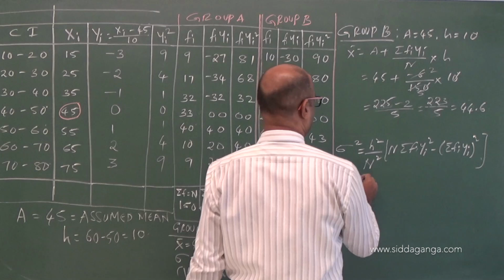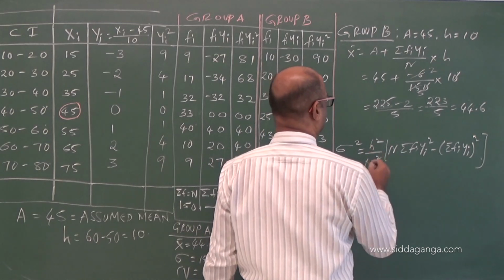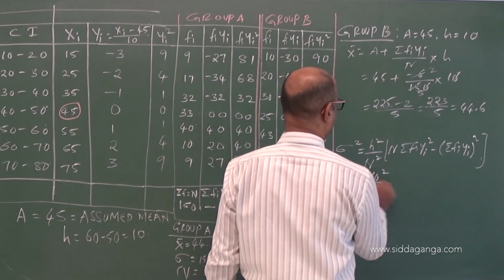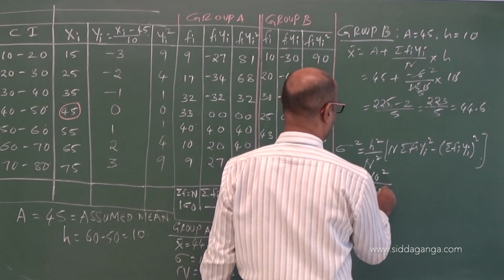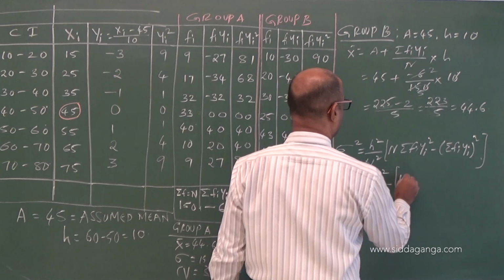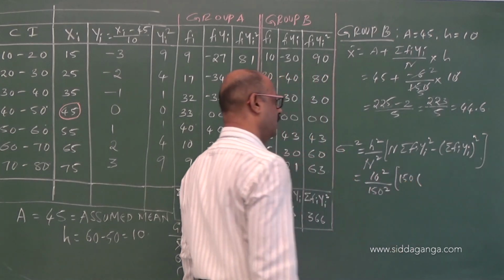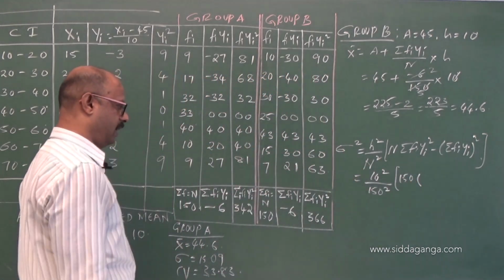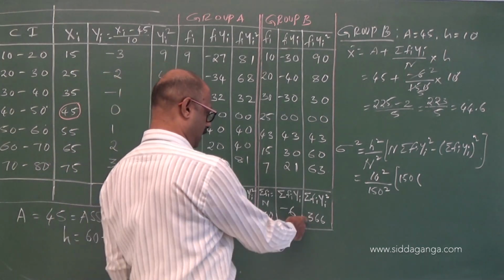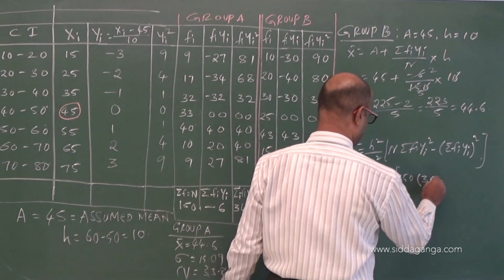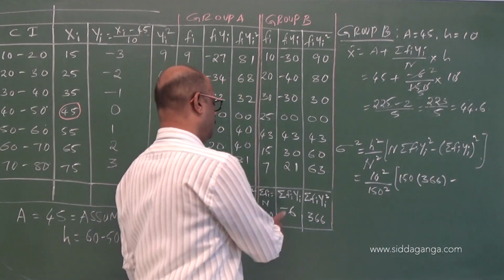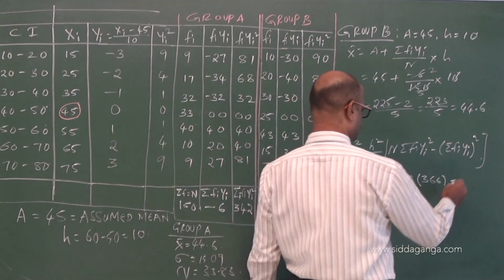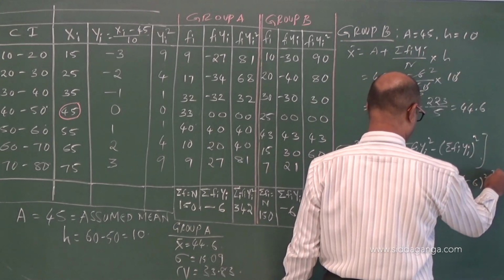Substitute. h square, you will get 10 square in the numerator, divided by n square, that is 150 square. Next is 150 into sigma fi yi square, you will get 366, minus sigma fi yi, which is minus 6, whole square for group B.